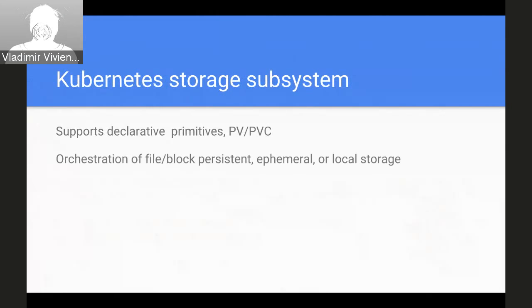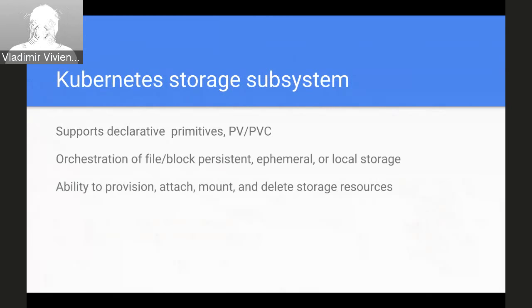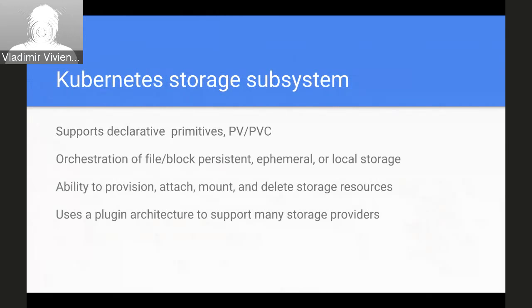The orchestration by Kubernetes supports both file and block, including persistent, ephemeral, and local storage. And the ability to provision, attach, mount, and delete storage resources is also supported by the Kubernetes storage system. The storage subsystem, as we'll see, uses a plugin architecture to support many storage providers.